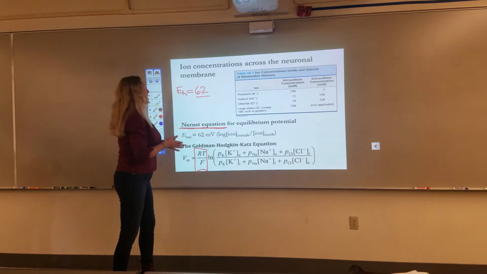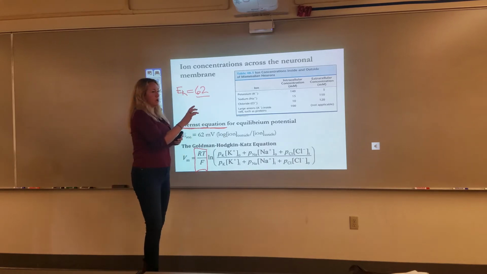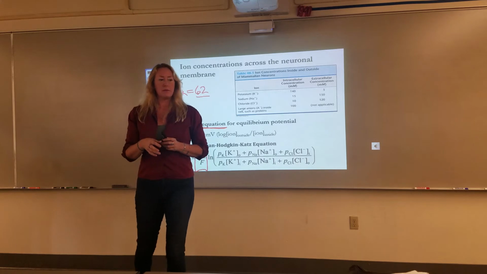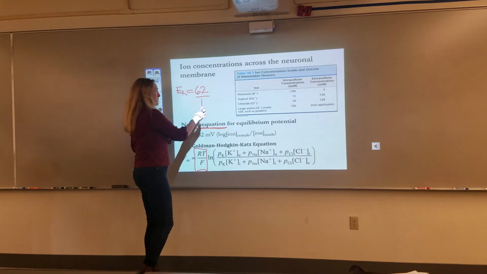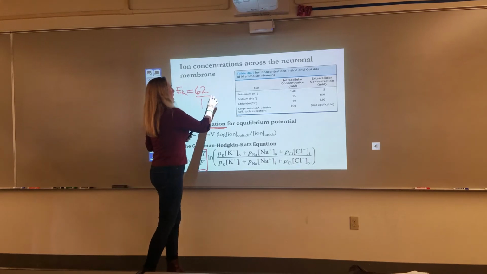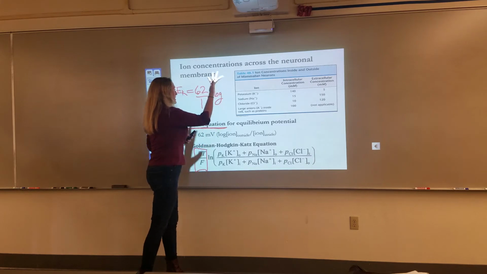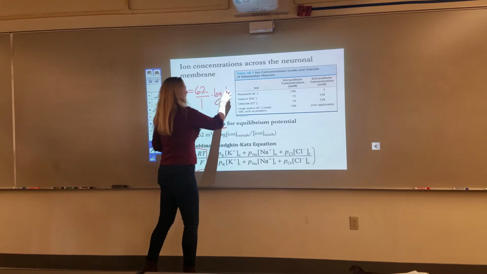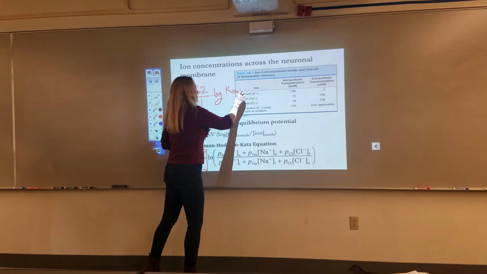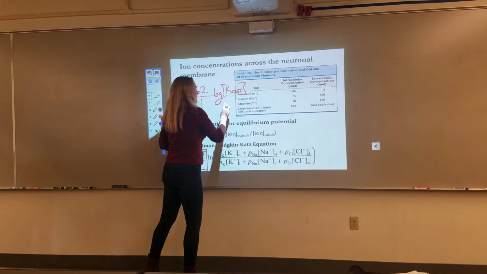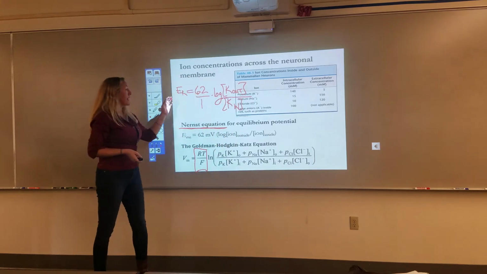In the case of potassium, it has a plus 1 charge, so it's over 1. And then it's times the log of the concentration of K on the outside versus the concentration of K on the inside. That is the Nernst equation.